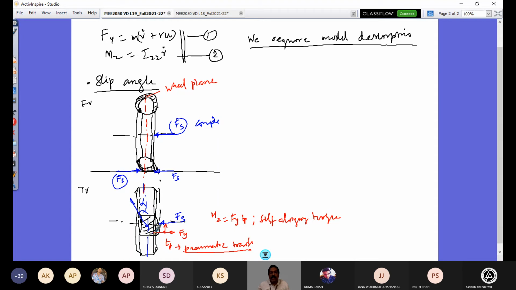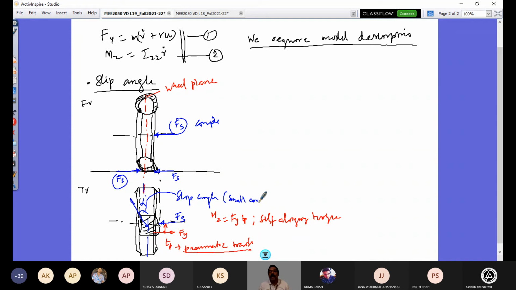So the direction of your wheel plane motion is not in this, there's an angle appearing, and that angle is called the slip angle. So the slip angle will manifest when there is a side force. When there is no side force, this angle won't be there. So the wheel plane is in the forward direction alone. So this angle is exaggerated. It's a very small angle.